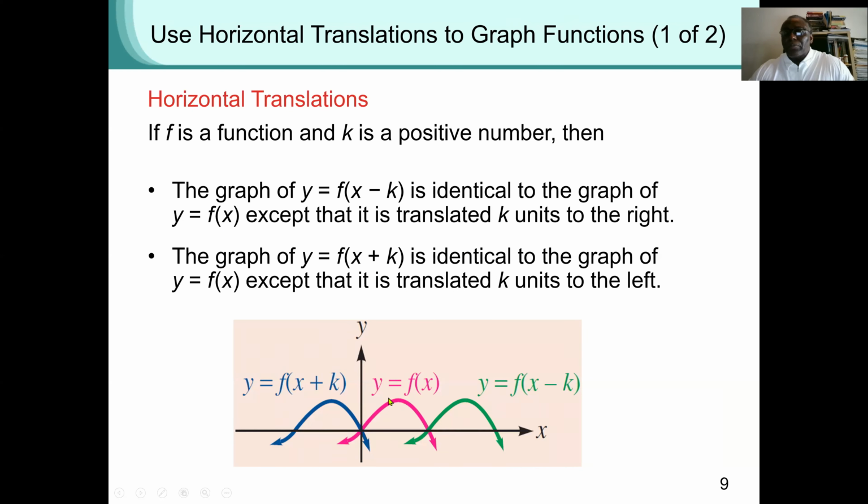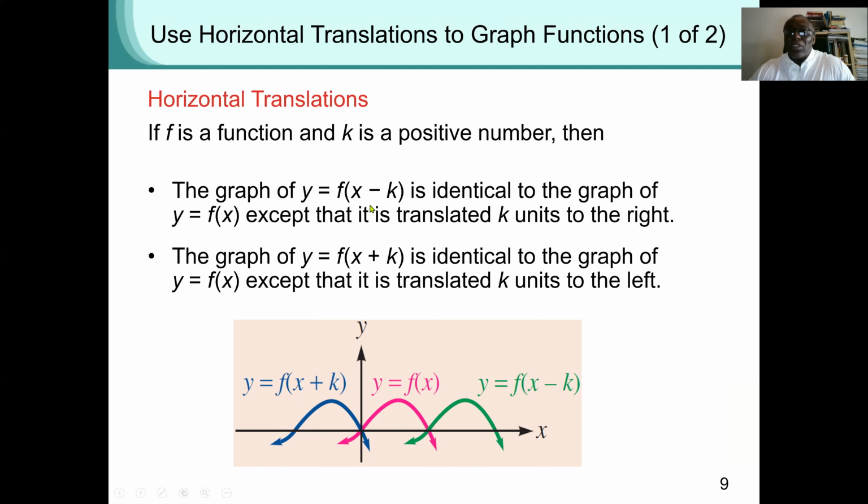Again, we have our original function, which is y equal to f at x. Next we have f at x minus k in a parenthesis, so this will translate horizontally to the right. Then f at x plus k, everything in the parenthesis, will translate horizontally to the left.